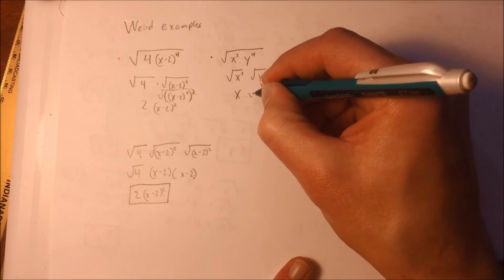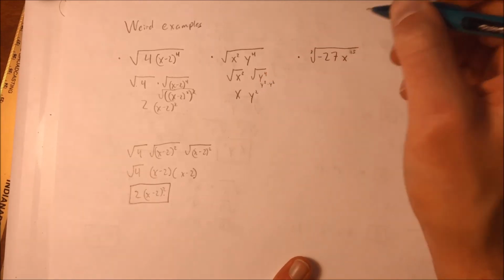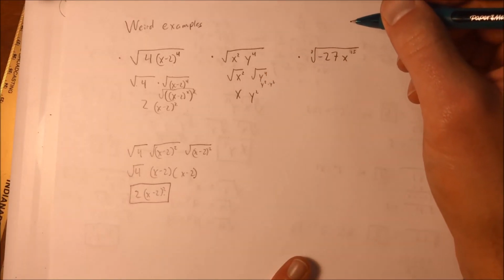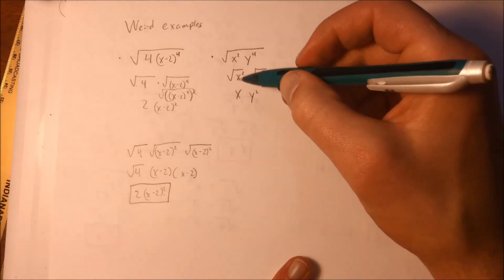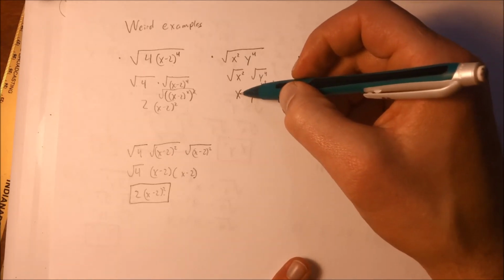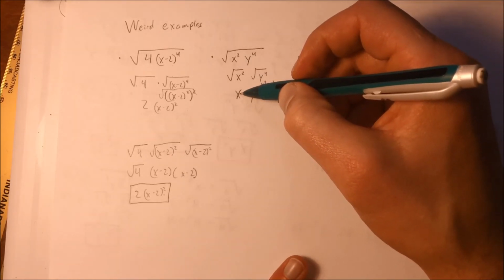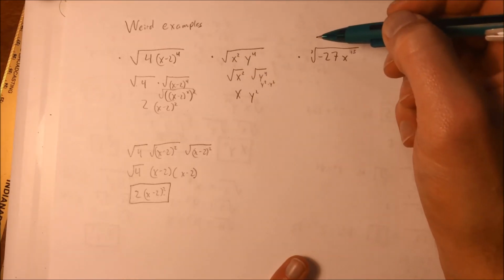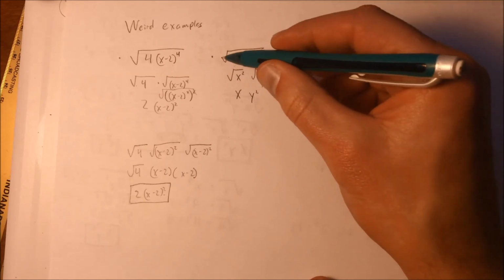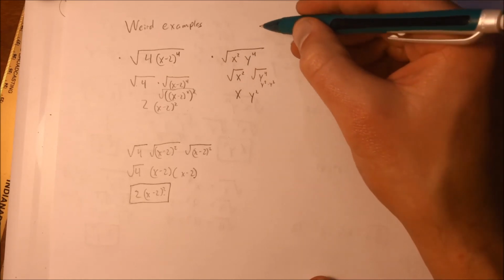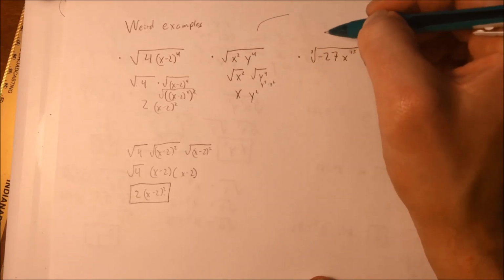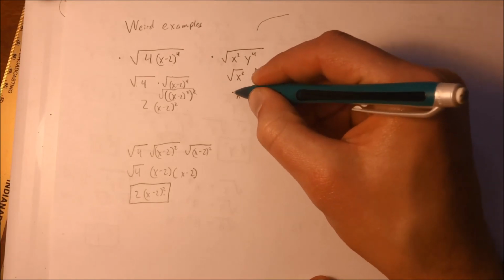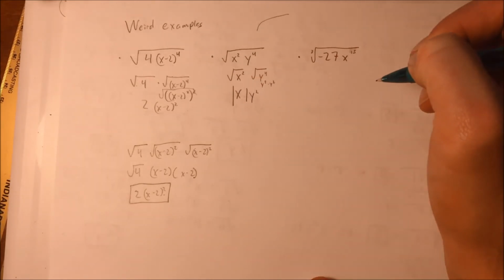And that's just going to give me y squared. But I'm not done, actually. See, x could be a negative number. x could be negative 5. But square roots only give us positive numbers, unless there's a negative in front. Remember that from our graphs. They only go up like this. So, to make this positive, I have to put an absolute value around it.